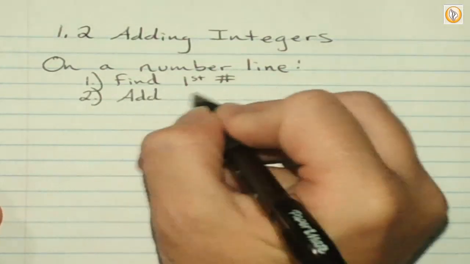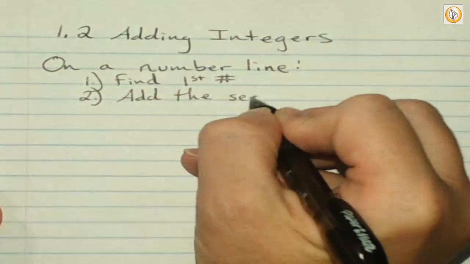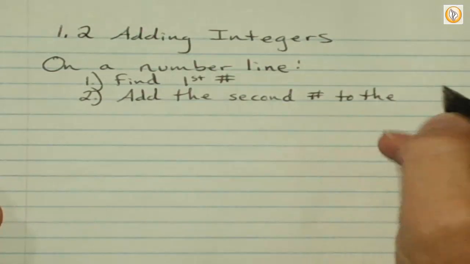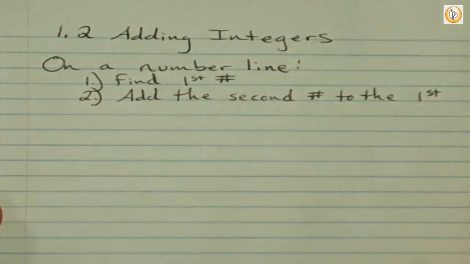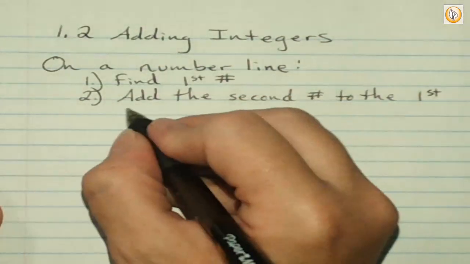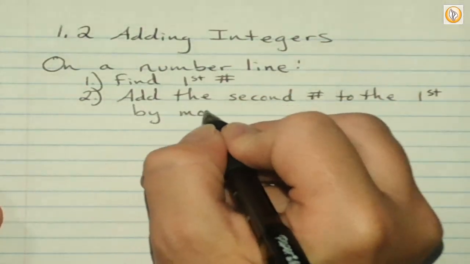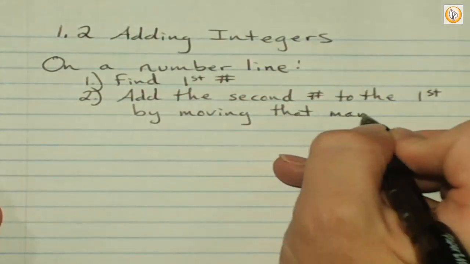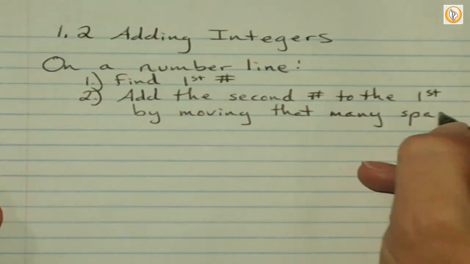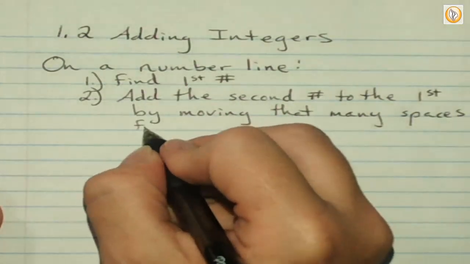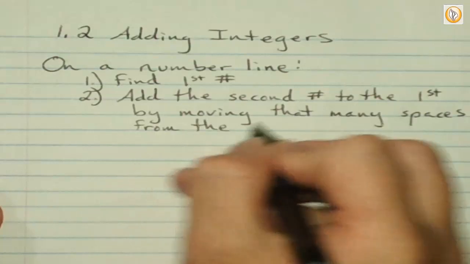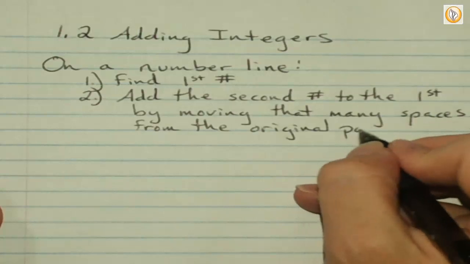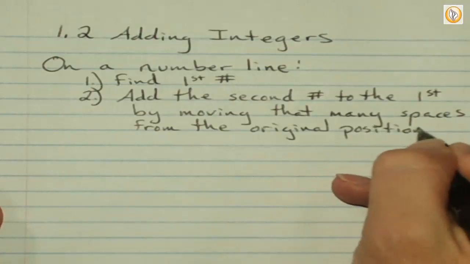Two, you're going to add the second number to the first by moving that many spaces from the original position. Some of you are going to be like, what?